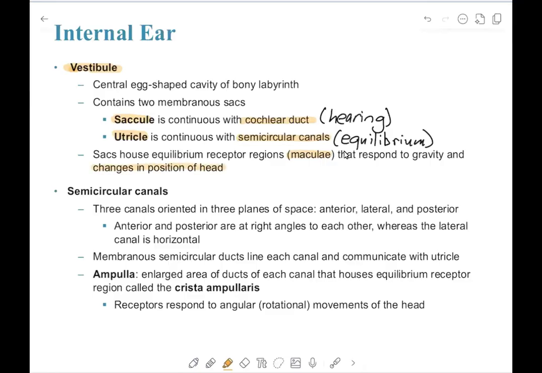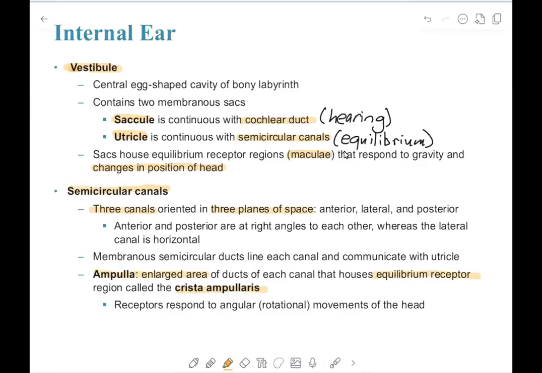But there's fluid in there that is going to move based on the response of our head moving in a certain direction. The semicircular canals, there's three of them oriented in three planes of space. And within them are enlarged areas called the ampullae, and they house equilibrium receptors called the crista ampullaris.